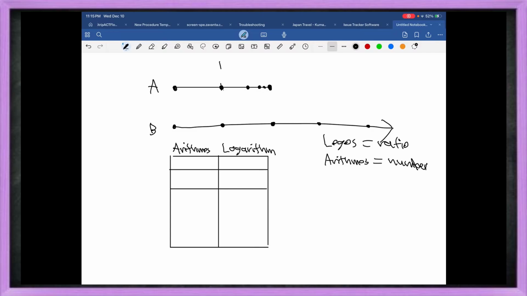Over here, let's start with just particle 1, 0.5, 1, 1.5, 2.